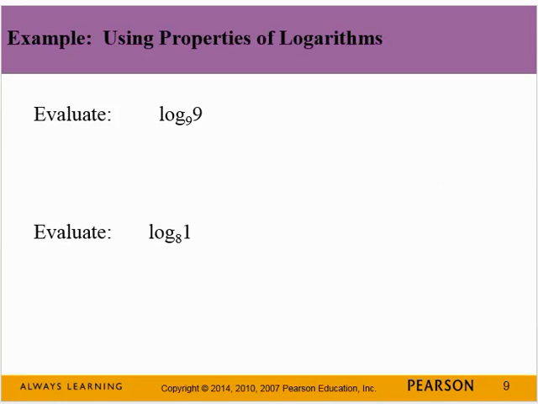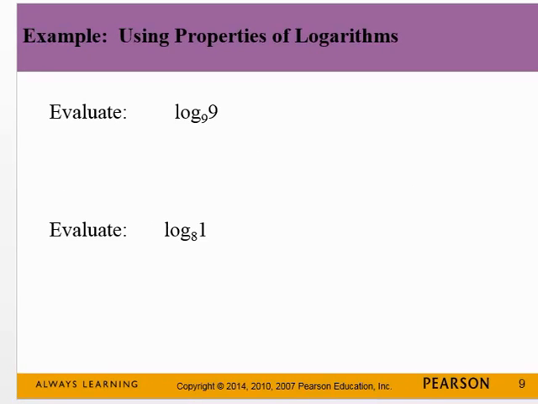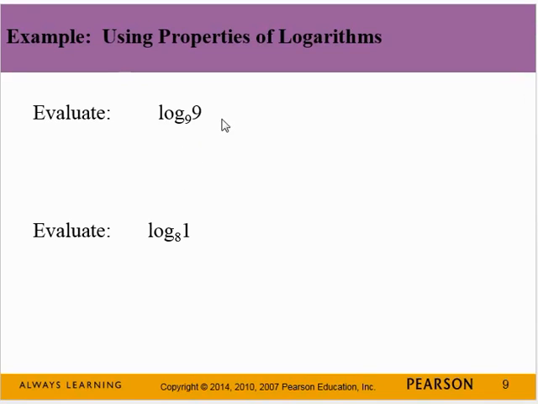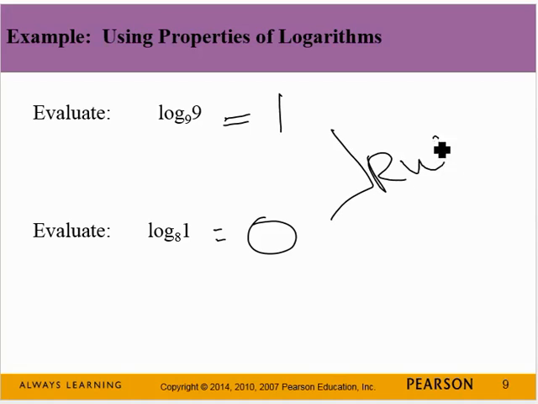So let's look at a couple of these examples. Since I have 9 and 9, it's going to equal 1. And for the next one, because you have a 1, it's going to be 0. These are just because of the rules.